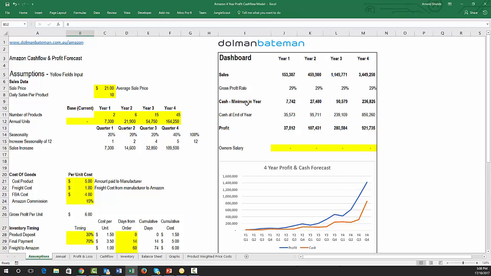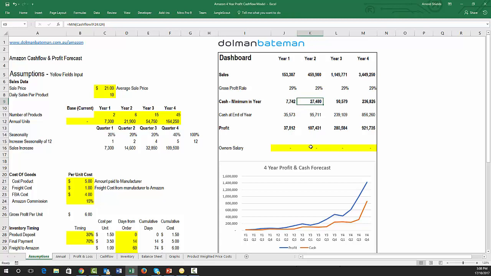We can see that the minimum in the year is different to the maximum at the end of the year, because this is the amount that you're basically going to need in late June, maybe into the third quarter, to fill up your stock for the fourth quarter.